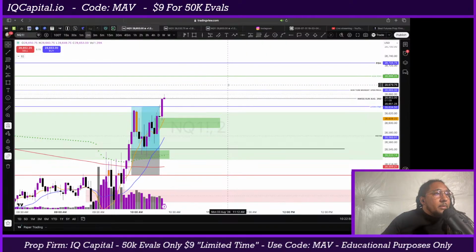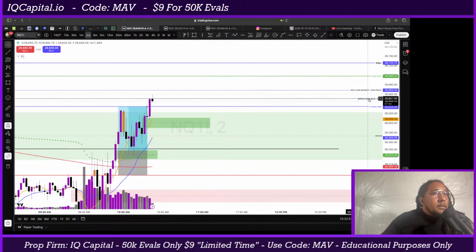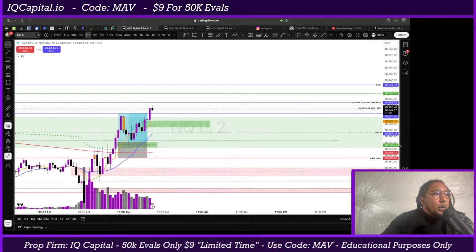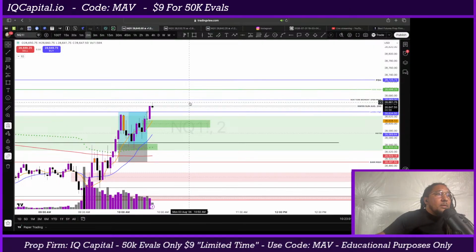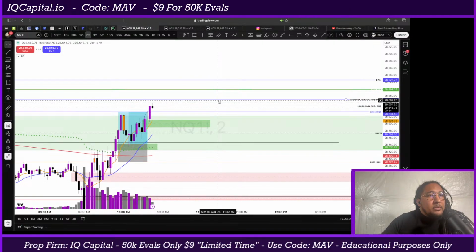Let's look at our 2 minute. Let's come back and see. Come back and retest that 2 minute. See, we left that. We almost hit New York, the New York midnight open here. Kind of left it.